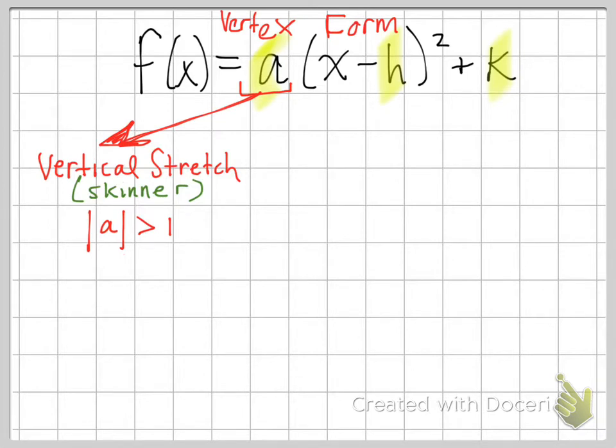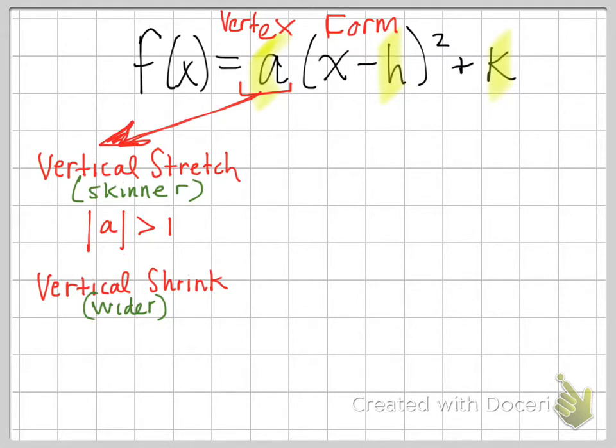Then the second thing that could happen is your graph could get wider, and that's called a vertical shrink. So vertical shrink, your graph is getting wider. And in the exploration, you saw that happen when you graphed 1/2 x squared, right?